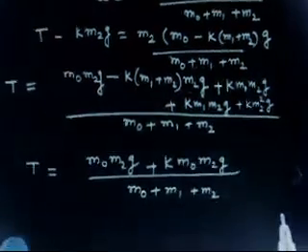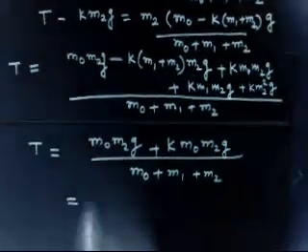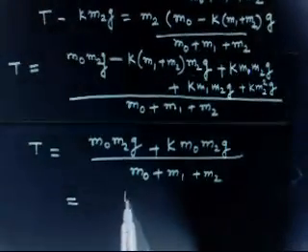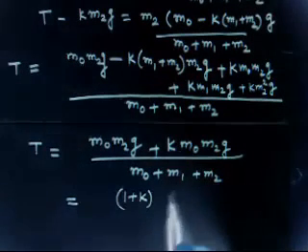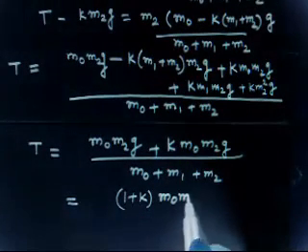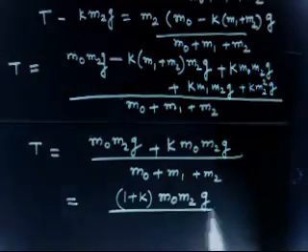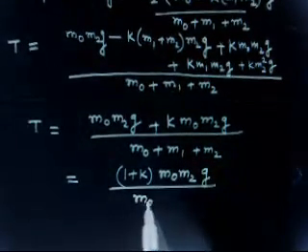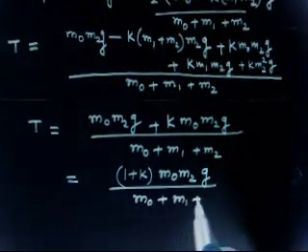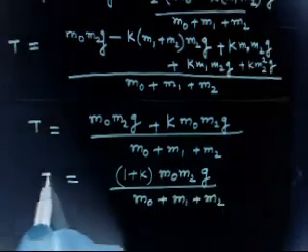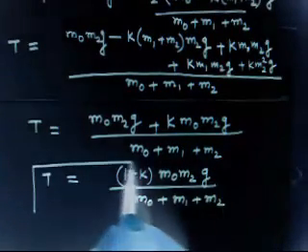You solve yourself, you will get the same thing. So you will have 1 plus k, m0 m2 g divided by m0 plus m1 plus m2. So this is the tension in the string.